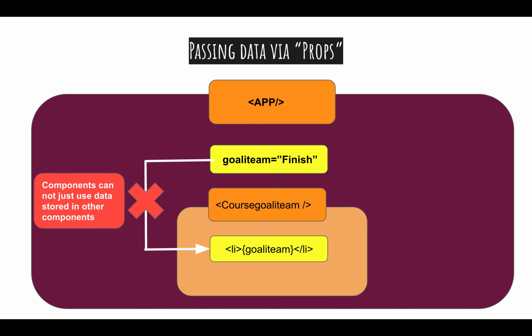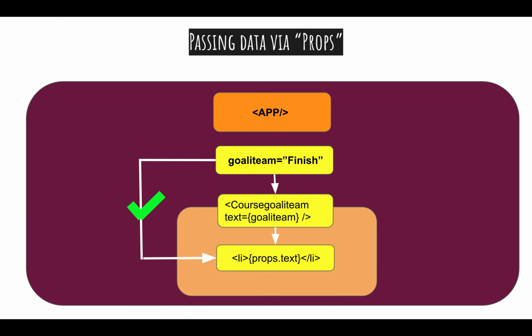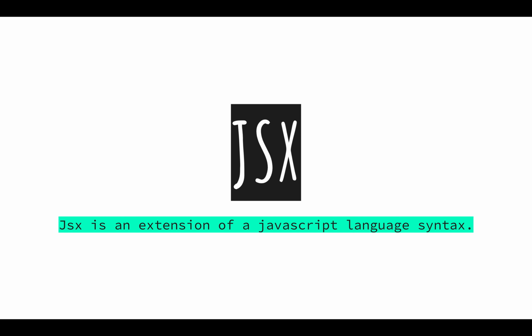Components cannot just use data stored in other components. Instead, we can use code where props.text is used, and you can see the data is flowing from top to down and is updated on the screen, like bus ticket.